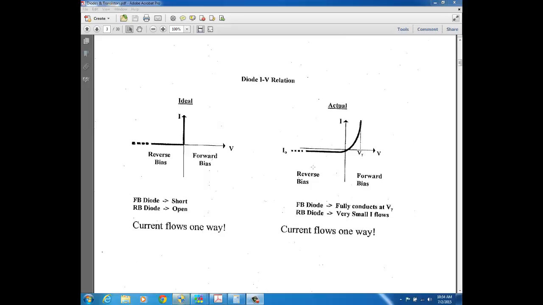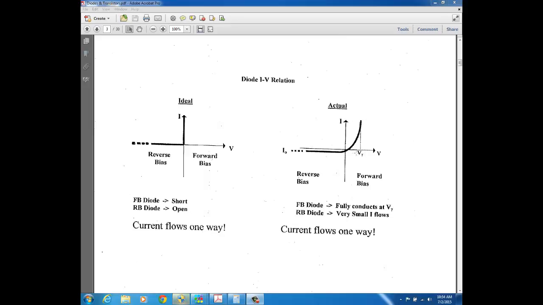Over here on the reverse bias side, this I0 is that small amount of reverse bias current that we're not going to worry about. So again, in this class, we're just going to assume that the actual and ideal cases are the same in the reverse bias region. We're not going to worry about this reverse bias current I0, which is typically microamps or even less than that.